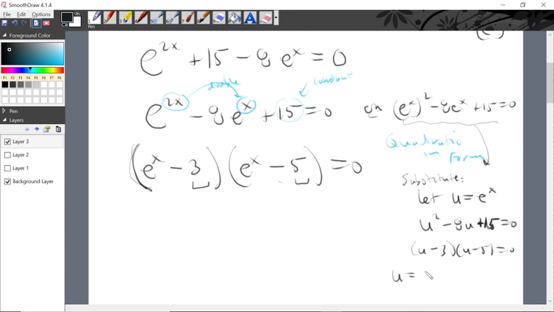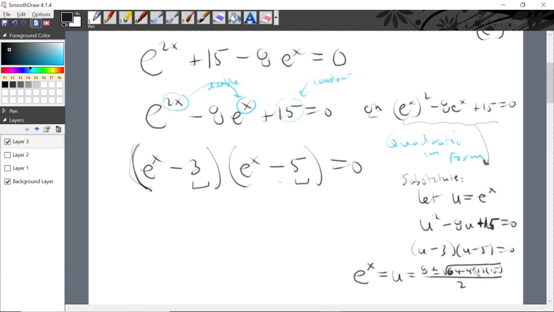We could do u is equal to 8 plus or minus the square root of negative 8 squared, which is 64, minus 4 times 1 times 15, over 2. Okay? And if we could not factor, this is what we would have to do. Notice that in terms of x, what we're actually doing is finding values for e to the x.